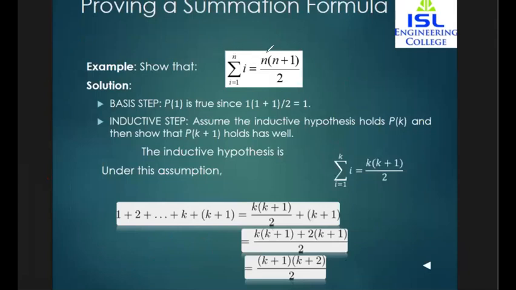We have to show that the sum from i equals 1 to n of i is n into n plus 1 by 2.